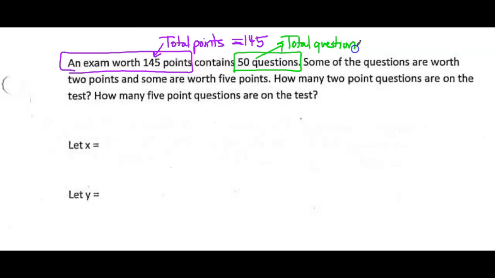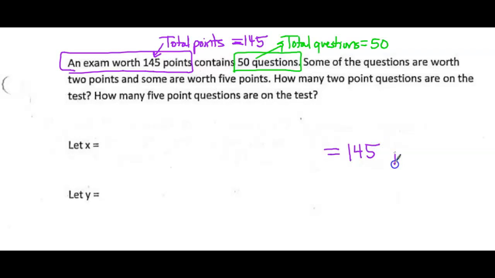So that first sentence there gave you 2 pieces of information. There's points and there's questions. And those are both totals, 2 different totals. And when we write systems, we have 2 equations. So I'm going to come over here and put one of our equations going to equal 145.